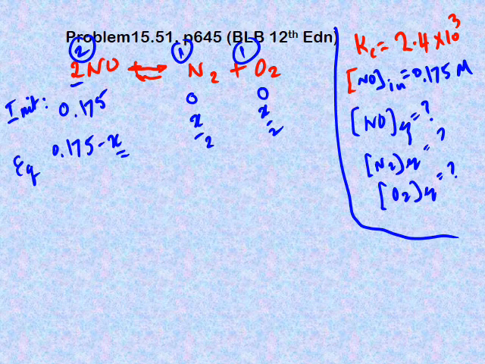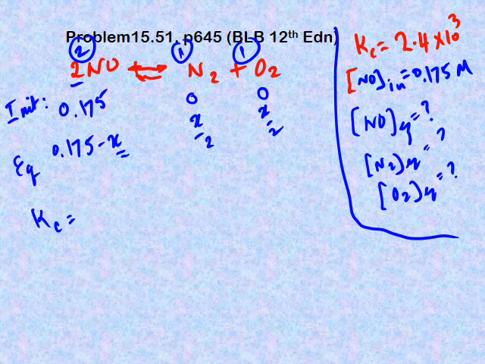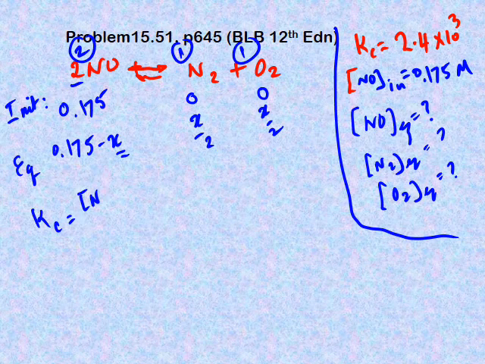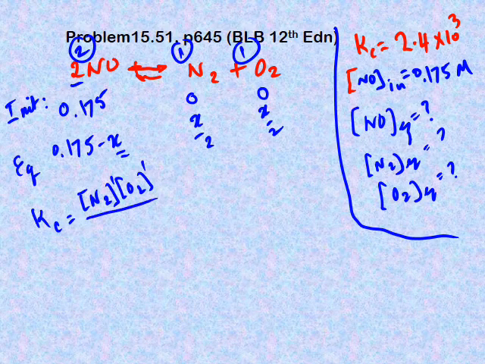So now I can write down the Kc expression. So Kc would be given by the concentration of nitrogen at equilibrium, oxygen at equilibrium, and NO at equilibrium raised to the power 2 because there's a coefficient 2.